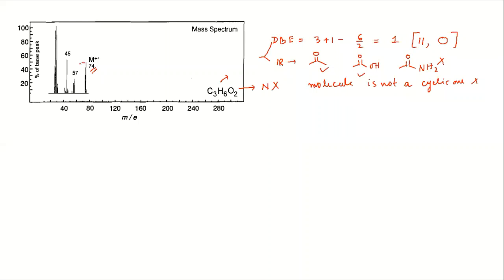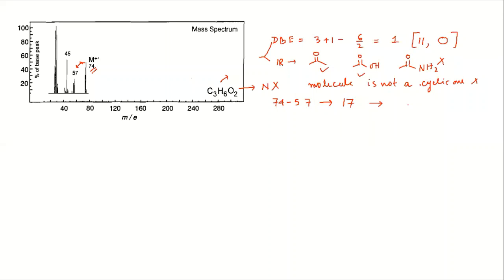So 74, 57. How much is the difference, quickly? 17. So you have 17. What does it mean by 17? CH5 is a very odd one, right?